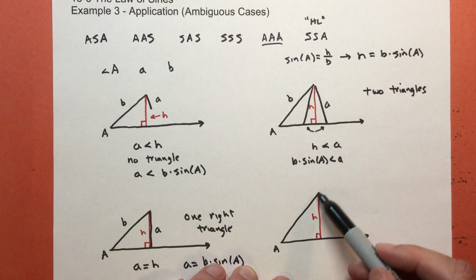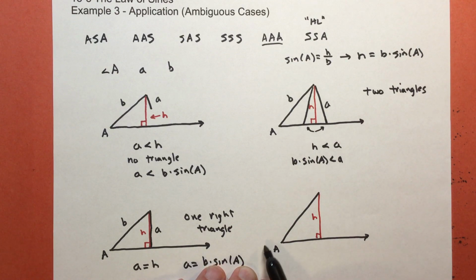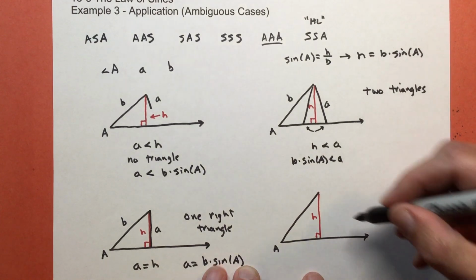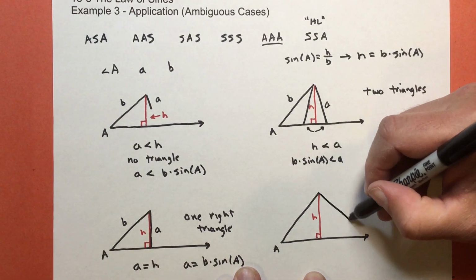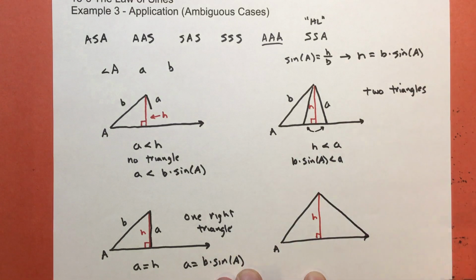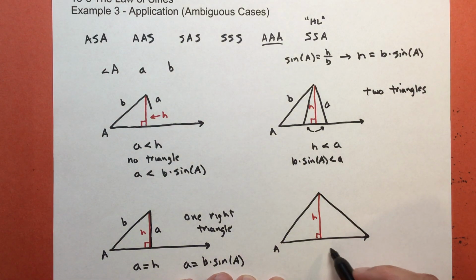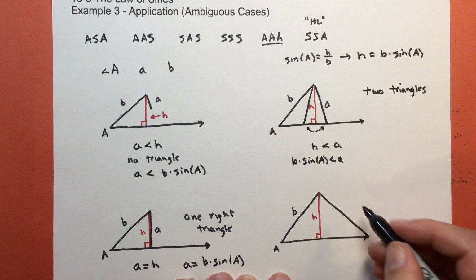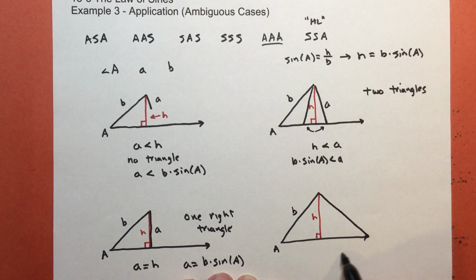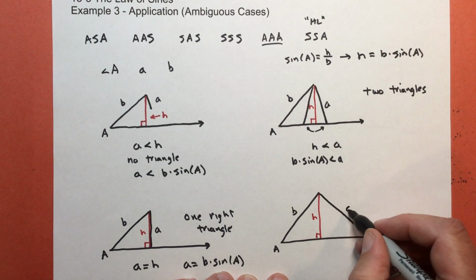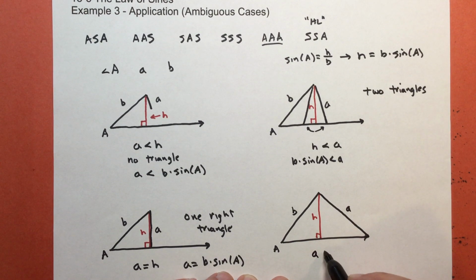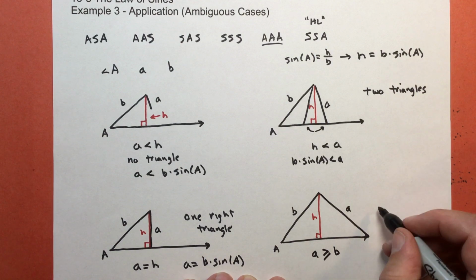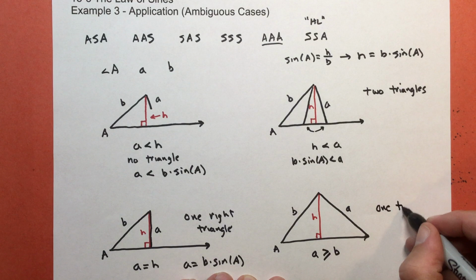But what happens if I pull it so far that it actually ends up over here? So maybe I have something like this. And here's B, and if I swung this over the other way, it'd end up over here someplace. Here's A. If A is greater than B, or it even works if it's equal, I'm back to one triangle.